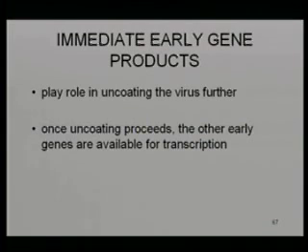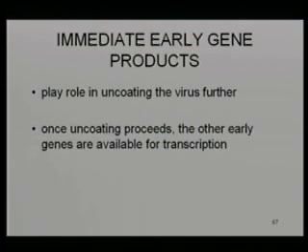Somehow the DNA is so compact or folded or arranged that most of the promoters are not accessible to this virion polymerase except the immediate earlies. And one of those immediate earlies enables this DNA to become decondensed and more available for the polymerase to find the other promoters, which are delayed early or early, whichever you want to call them. So once that uncoating proceeds, the other early genes are available to transcription.